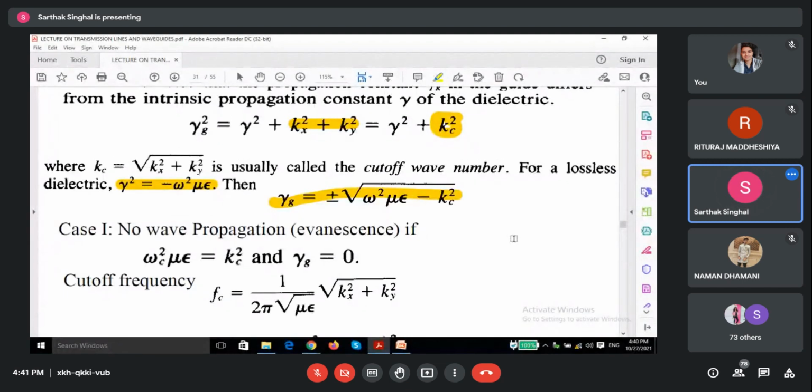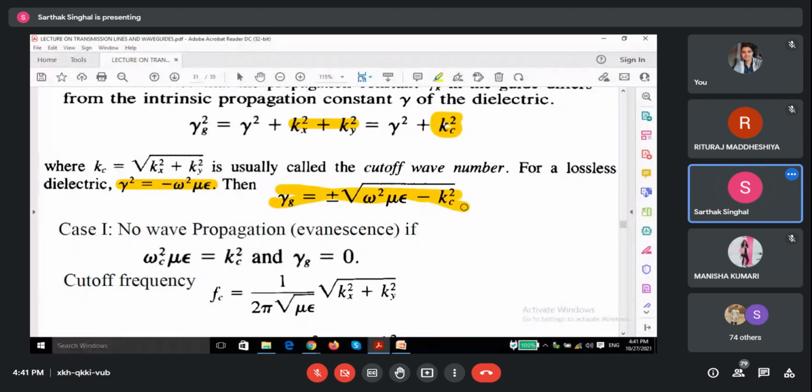If gamma g is zero, then kc square equals omega c square into mu epsilon from this equation.